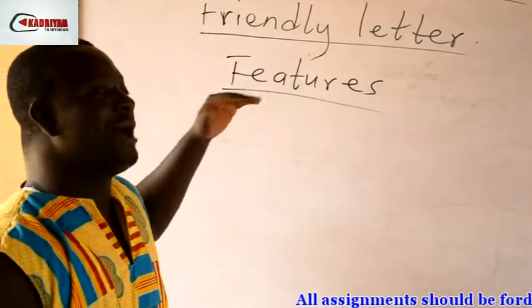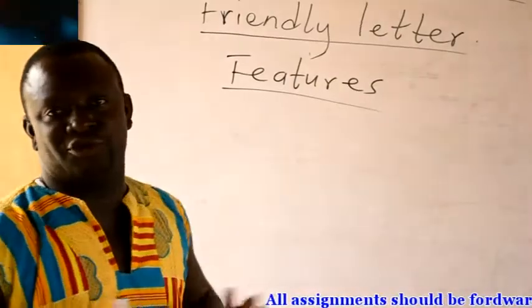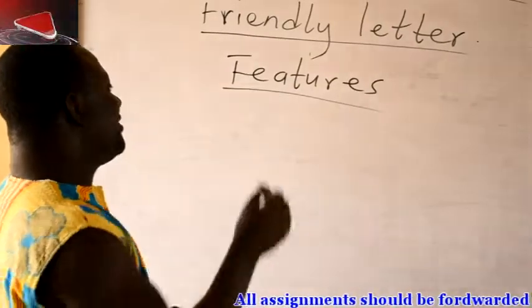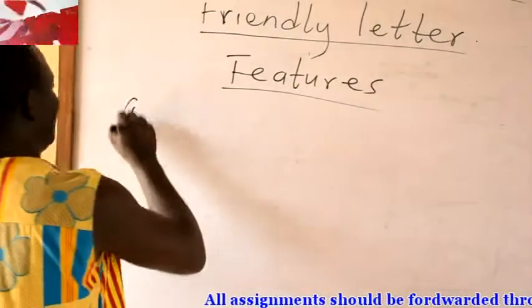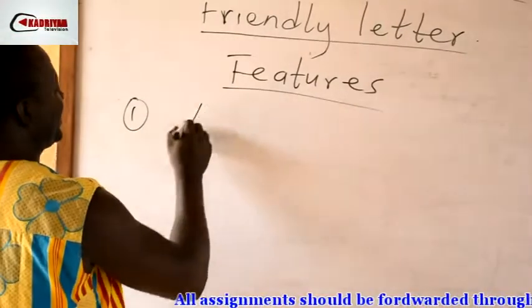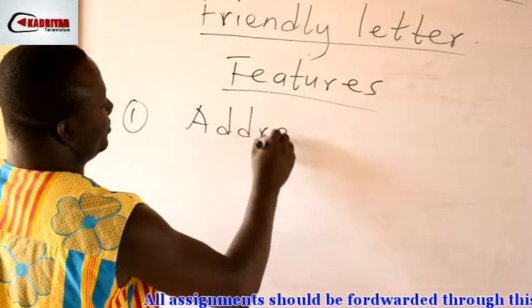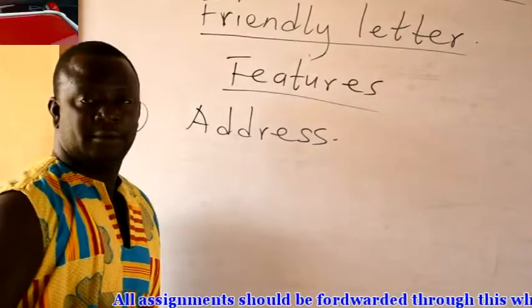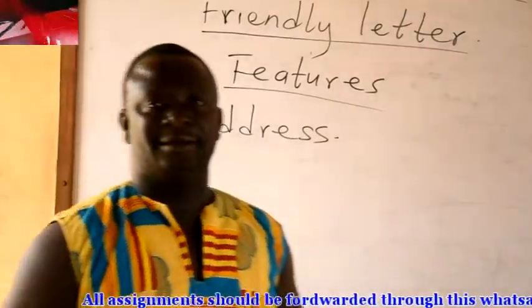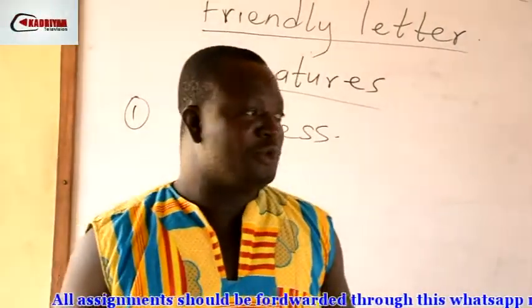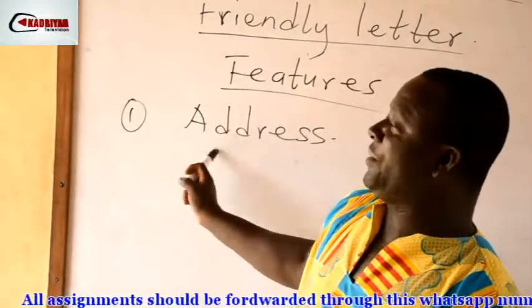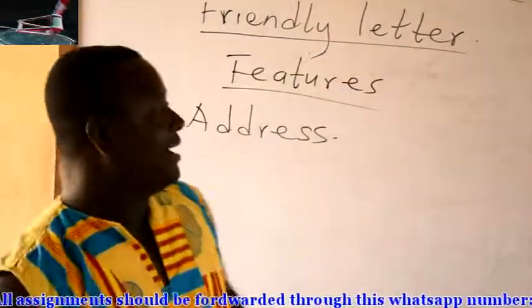Without getting those things, you cannot do it. So the features are: one, address. You need to know the first one, address.